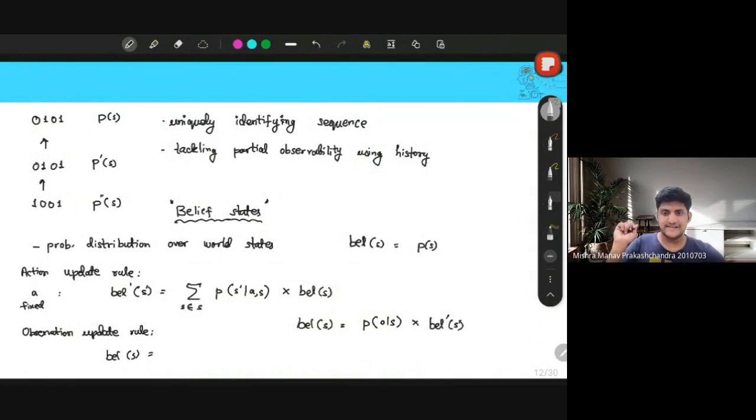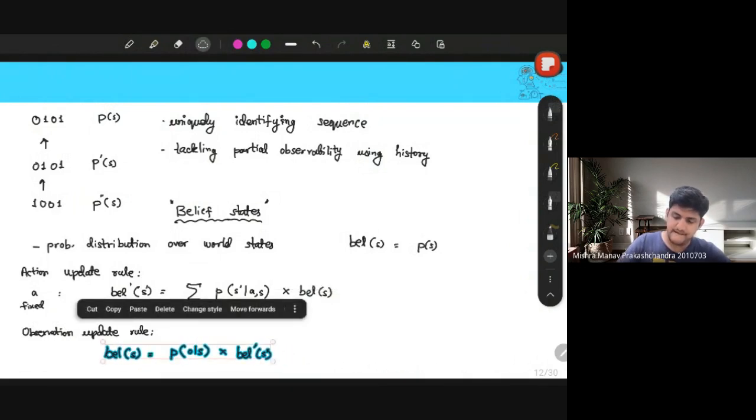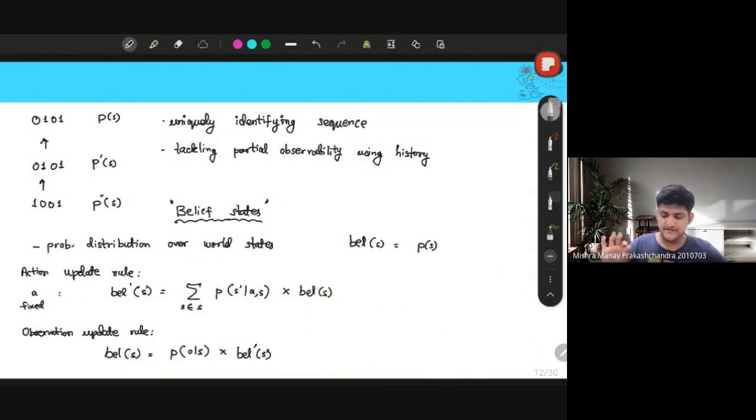So this is the observation update rule. Fine. So this is the definition of belief state. What else?